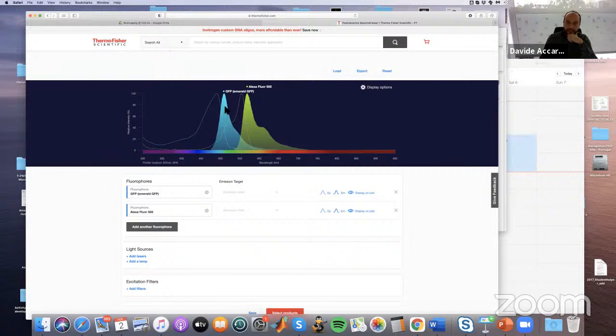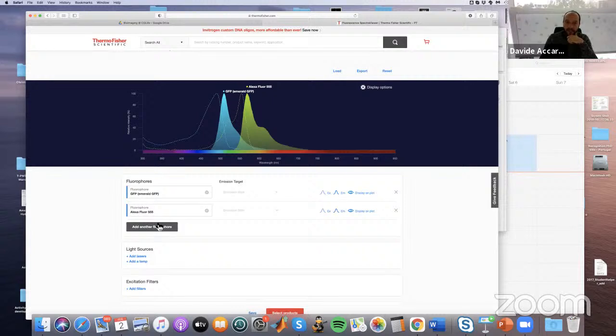So then here you also see where the tail of emission propagates, and the tail of excitation of the next fluorophore, where it is, and how they overlap. And if there is an initial portion of emission of the second fluorophore that is overlapping with the emission of the first fluorophore.